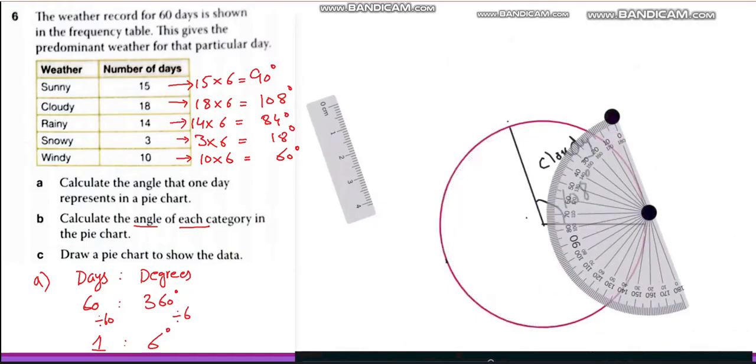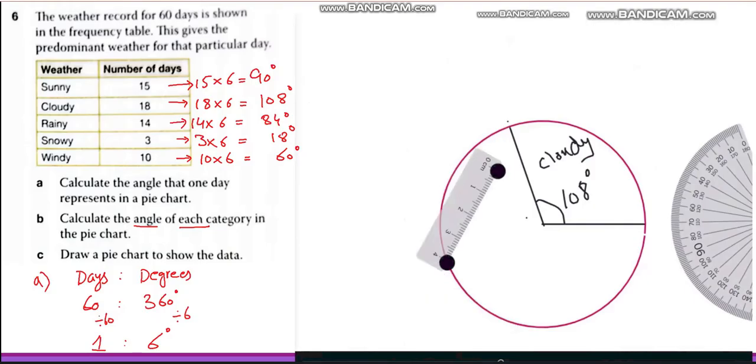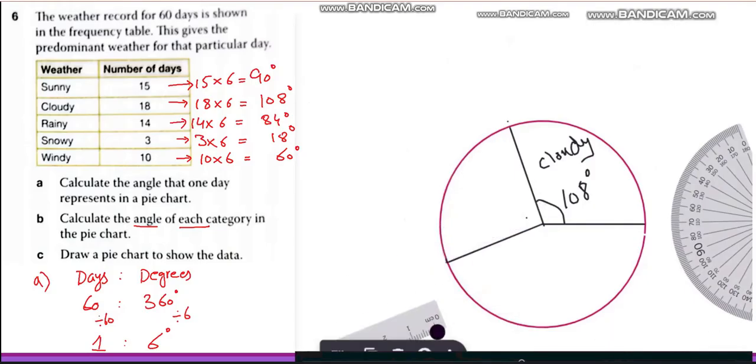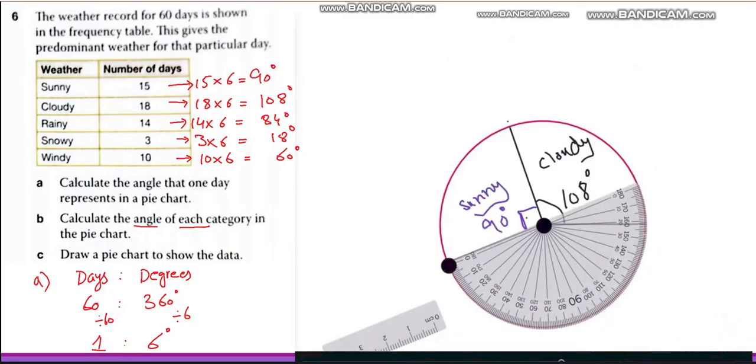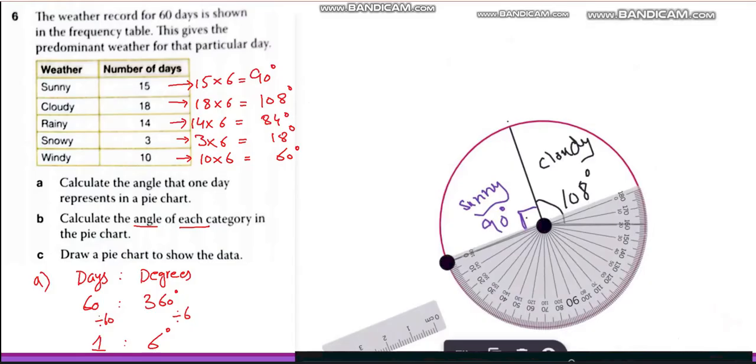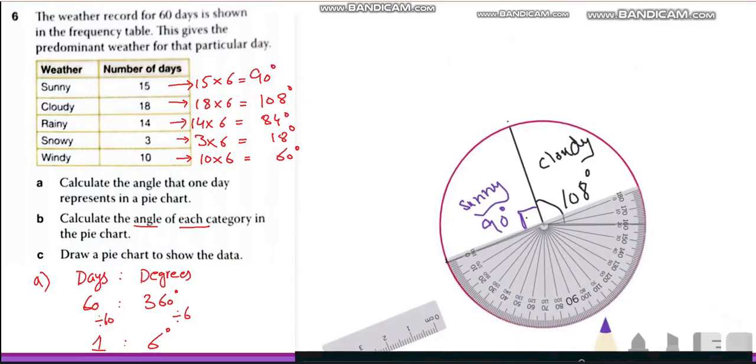Now I will draw an angle of 90 degrees by using the protractor. So this 90 degrees will represent sunny days. And then we will draw an angle of 84 degrees, which will represent rainy days.